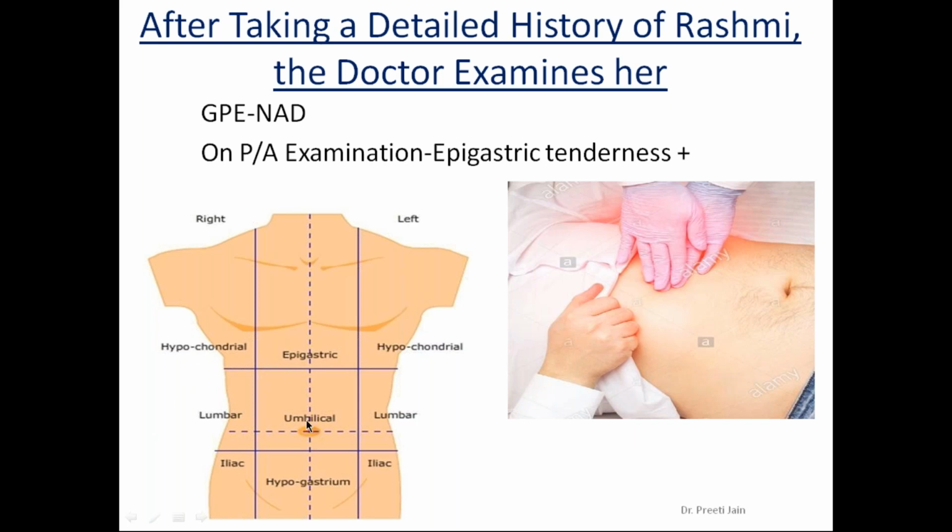You have the umbilical region, you have the right and the left lumbar region. Above that is the epigastric and right and left hypochondrial regions, and below that is the hypogastrium and left and right iliac regions. So on per abdominal examination, epigastric tenderness is present, right? So the patient complains of pain and the doctor elicits tenderness. Pain is a symptom, tenderness is a sign.